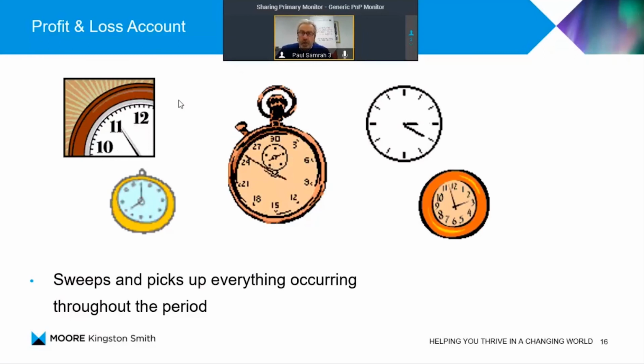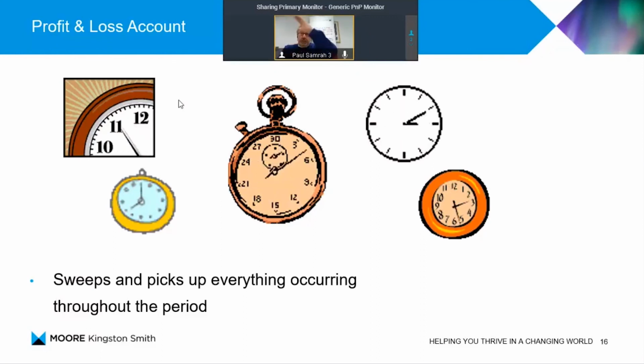And lastly, in part 2, we're going to look at the profit and loss account. Wonderful animations there, because the profit and loss account covers a period ending on the accounting reference date. So it might well be the profit and loss account for the year ended 31st December.